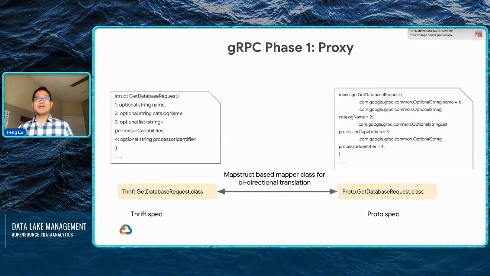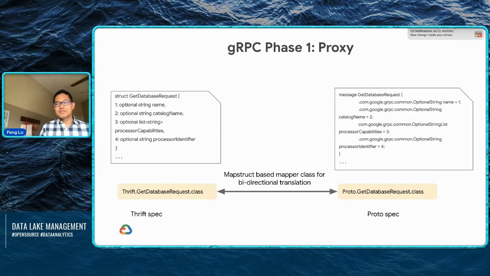Then we have the two interface files, and we do the compilation using the Thrift and gRPC compilers. That gives us a standard set of different classes. For example, you may have a Thrift-generated get database request class, and similarly a proto-generated get database request.